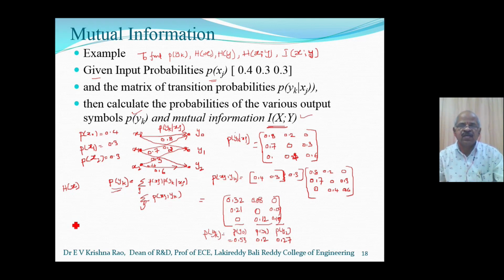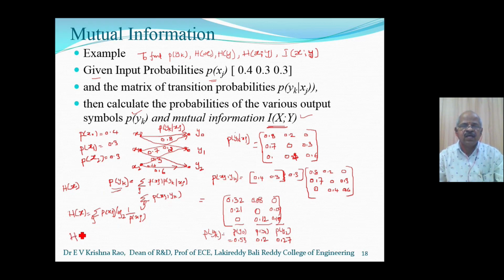So H of x is the sum of P of xj logarithmic base 2 of 1 by P of xj, from the input probabilities, for all j.